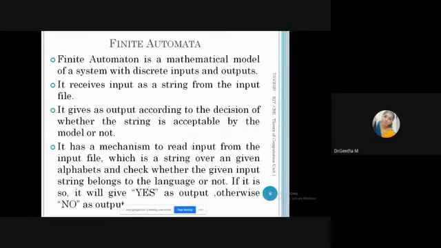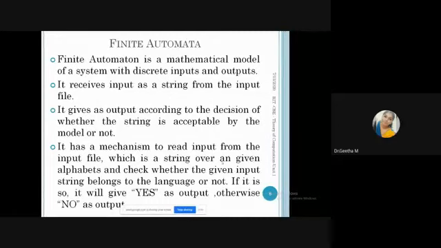After seeing this slide, what can you tell about it? Just imagine this model, which is available. What is the input to this model? From this slide, we can say that strings are input to this mathematical model.